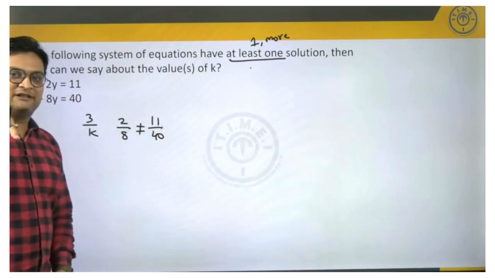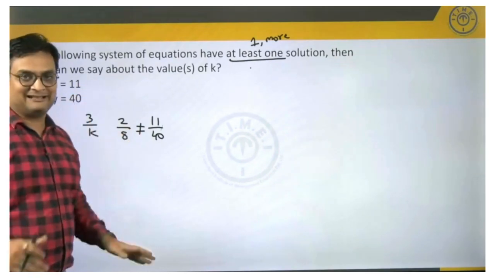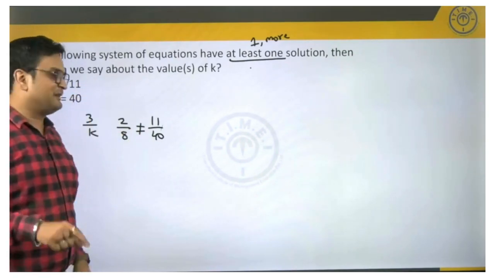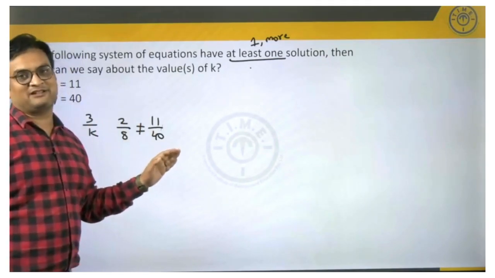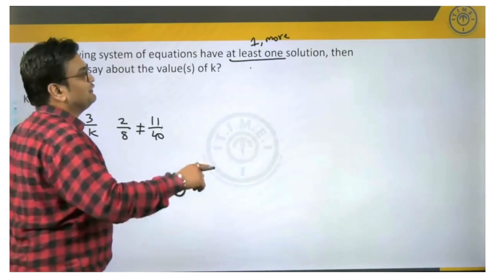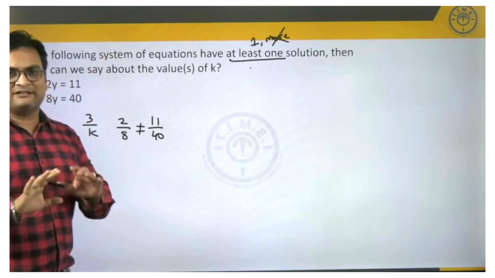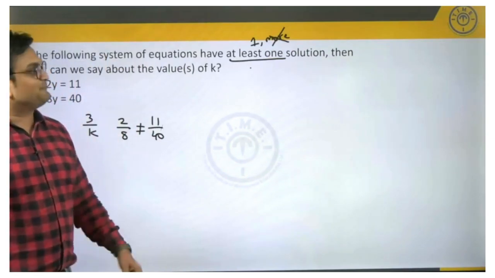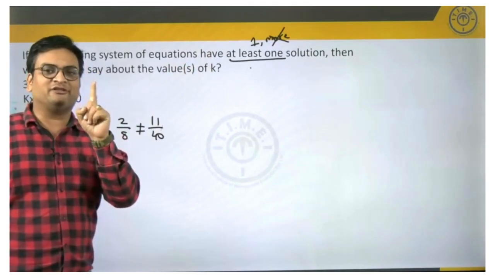If they are not equal, can I say this system of equations can never be overlapping lines, because the condition for overlapping lines was A1 by A2 equal to B1 by B2 equal to C1 by C2. But right now we clearly see these two are not equal. Thus can I say, when I say at least one, it can never be more solutions. That is, infinite solutions is not possible. So that means this should also be indirectly a case of exactly one solution.